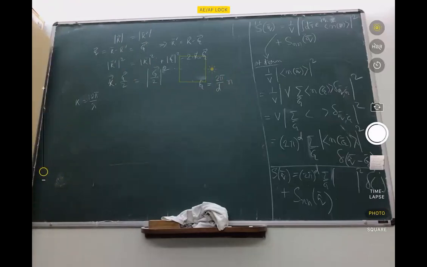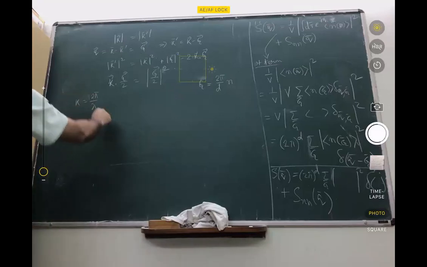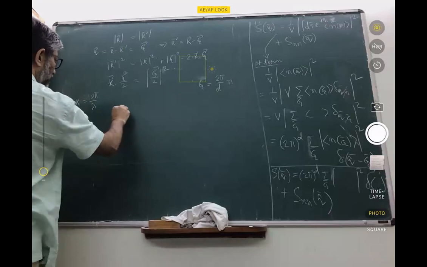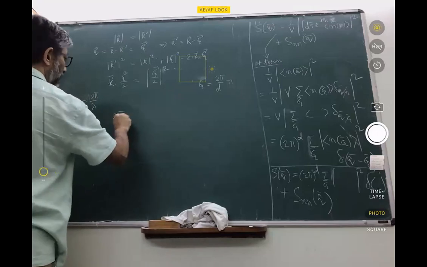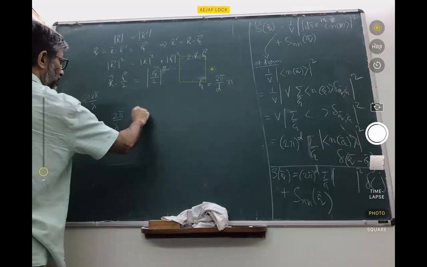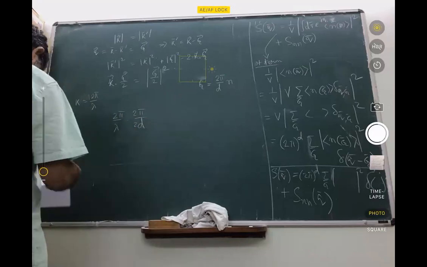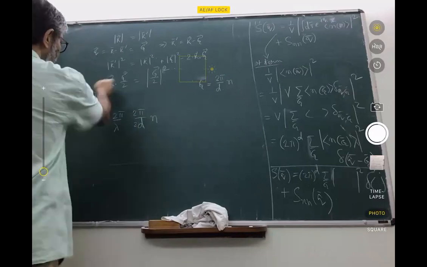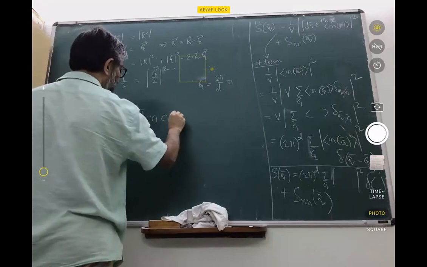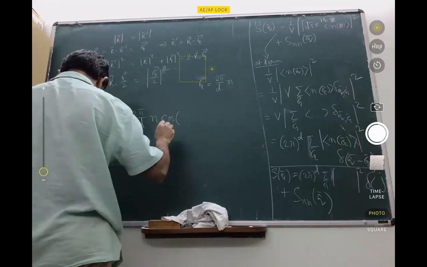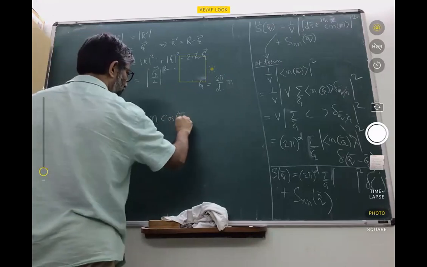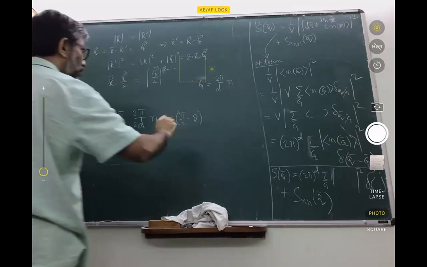So if you plug these things in, what you will get is twice pi over lambda, and then you plug that in, so twice pi times, and there's a factor of cos theta, the angle factor, that will come in. So let me draw the figure here.